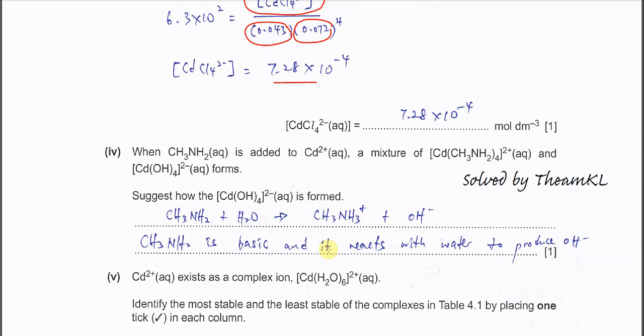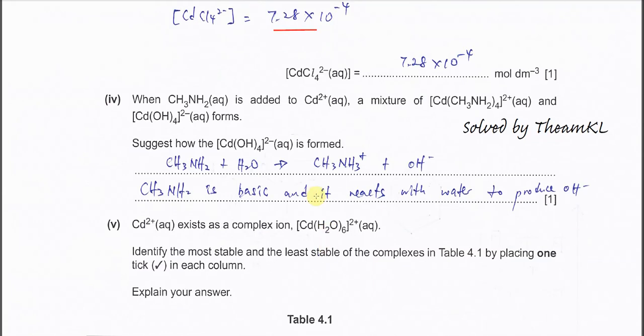Okay, part 4. When the methylamine is added to the cadmium solution, a mixture of this cadmium with the 4 methylamine and the cadmium with 4 hydroxides form. Okay, theoretically is supposed to form this, but still there are some amount of this cadmium with 4 hydroxides form. Why?